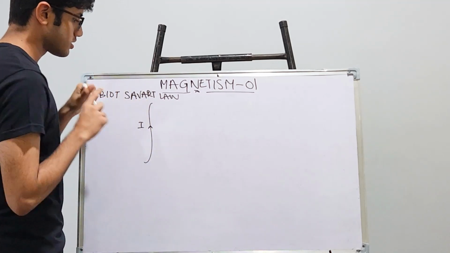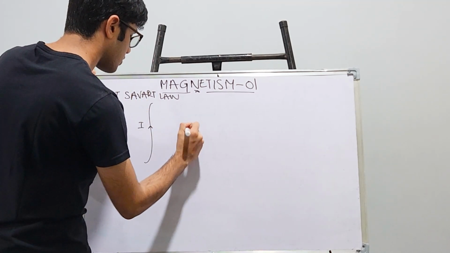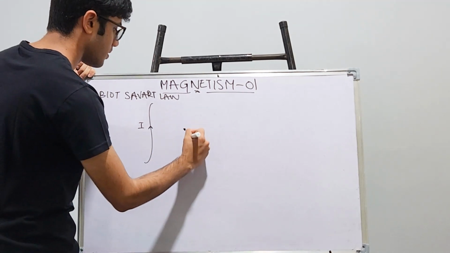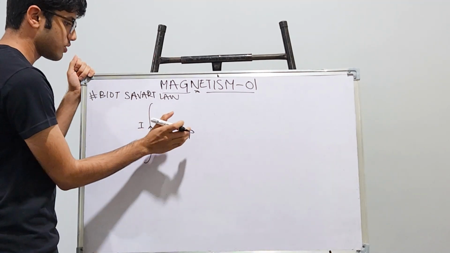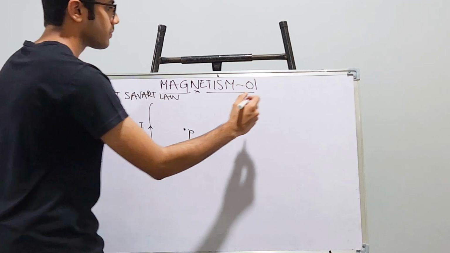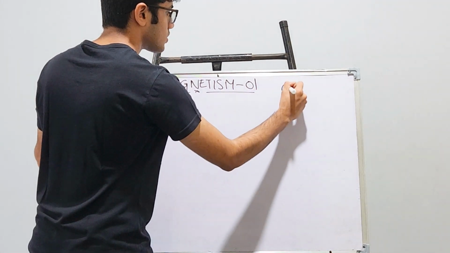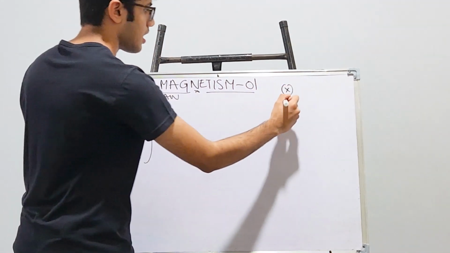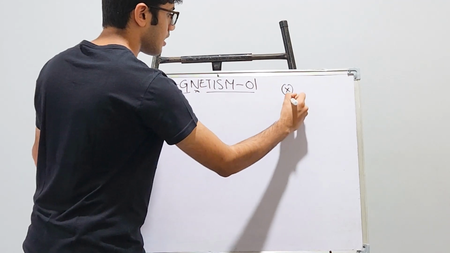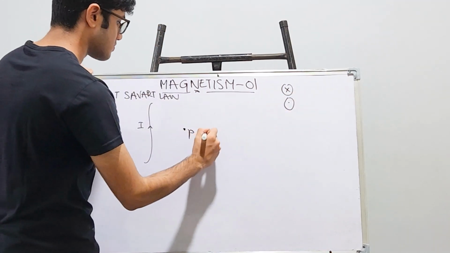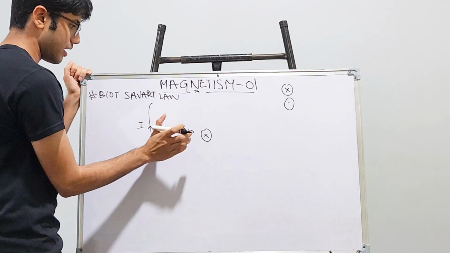So if you were to calculate the magnetic field at this point P, we first know that its direction would be into the plane, and we denote into the plane by a cross sign like this, and outwards normally to the plane like a dot. So at this point it would be a cross because it's into the plane.